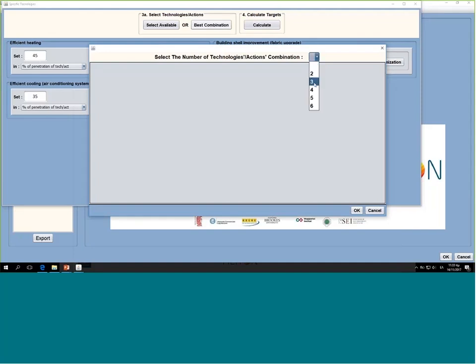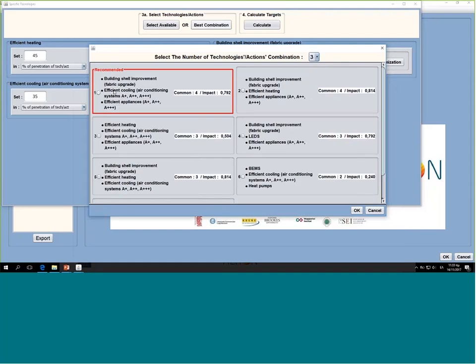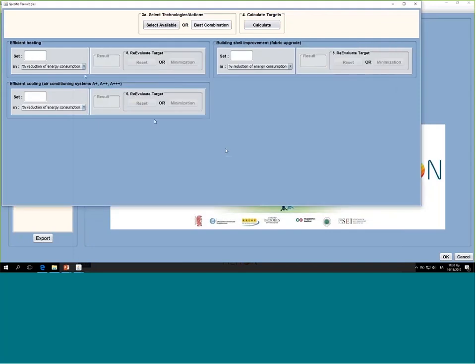So if the user wants to see what's the best combination of 3, it can see for the case that we have selected building cell improvement, efficient cooling, but not efficient heating, efficient appliances. So by selecting this combination and placing again 20% penetration of 35, and appliances, for instance, 20%, or 47 as it was for the heating.